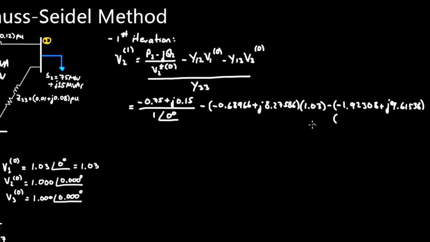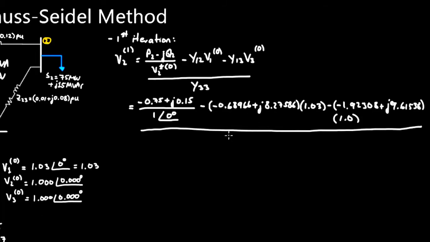That times V3, which is 1 at an angle of 0, which is just 1. So all of that divided by Y33, which is over here. So all of that divided by 3.46154 minus j21.92307.